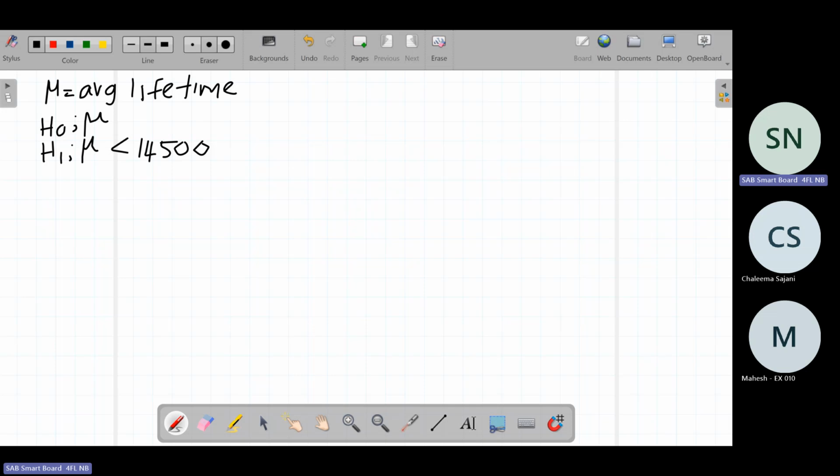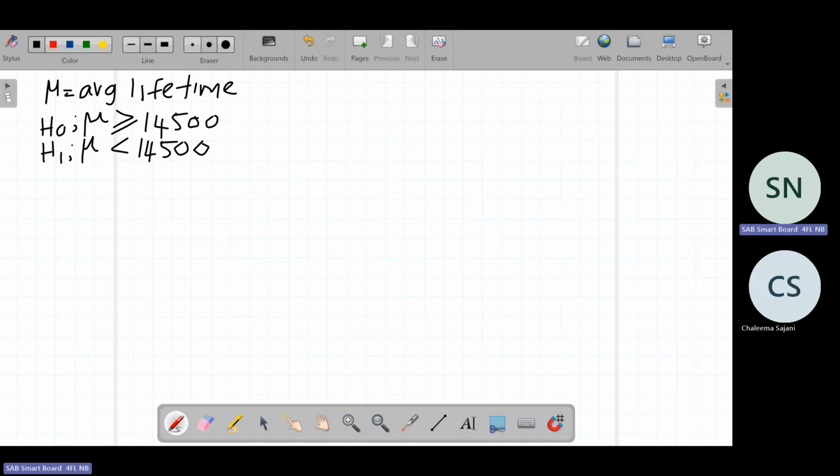What is the H naught? Greater than or equal to 14,500. Then, is this a one tail test or two tail test? Here only the less than side, so it is a one tail test.